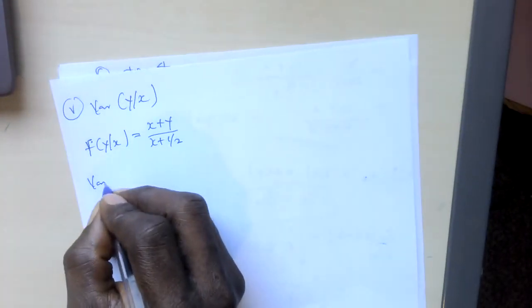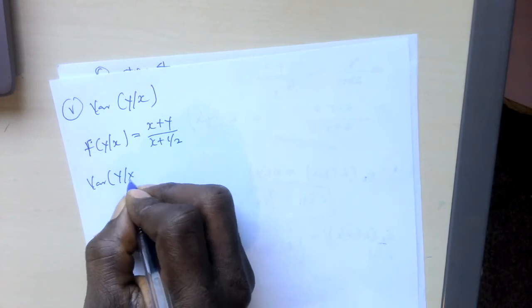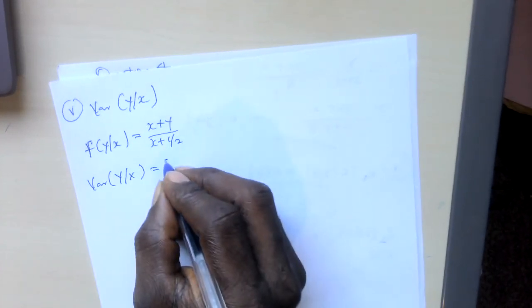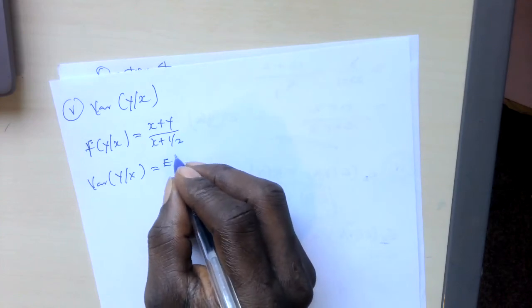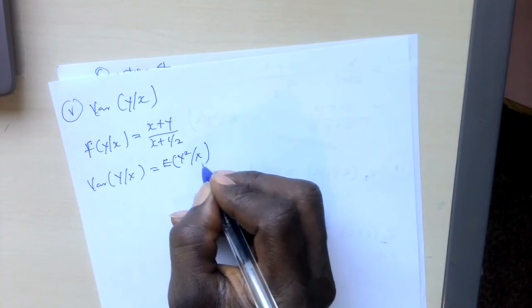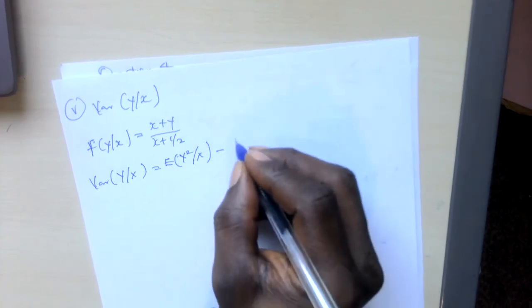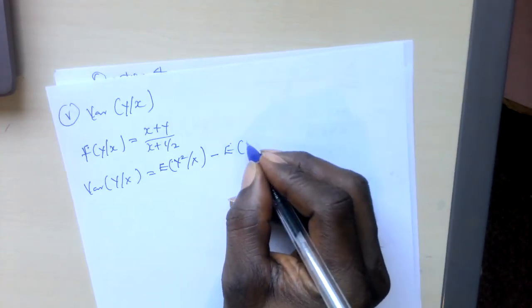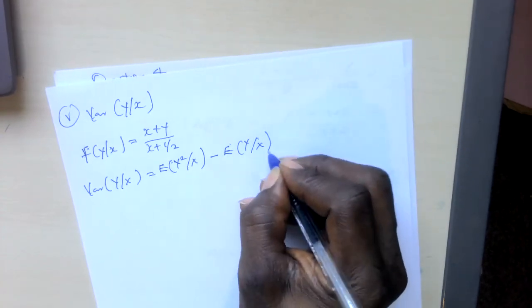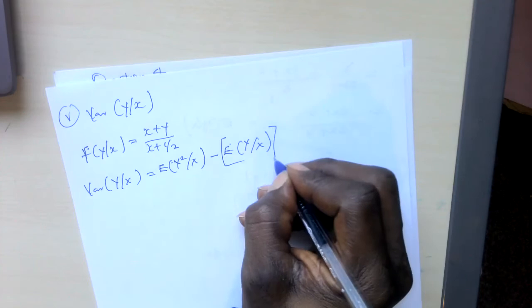So the variance of y given x will be expected value of y square given x minus expected value of y given x all square.